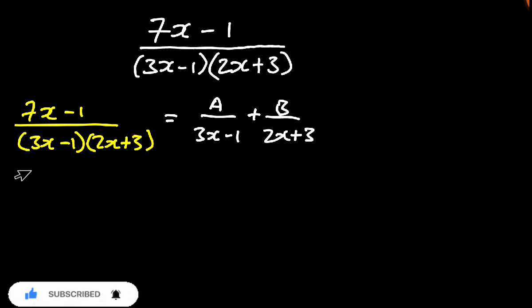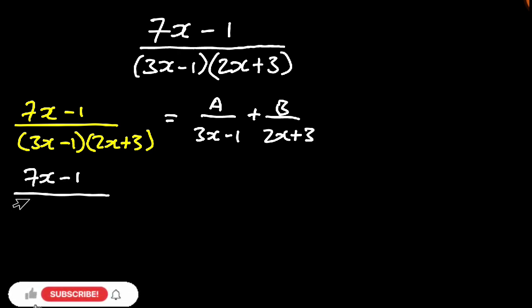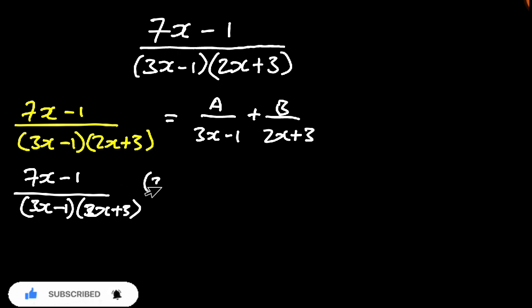So let's do that. We have (7x - 1) divided by (3x - 1)(2x + 3). Now let's multiply this with the LCM, (3x - 1)(2x + 3).